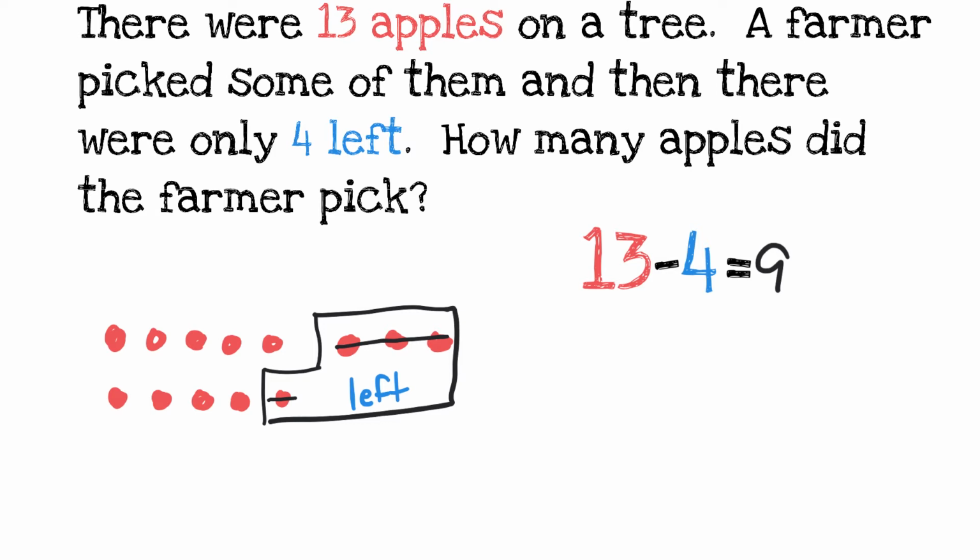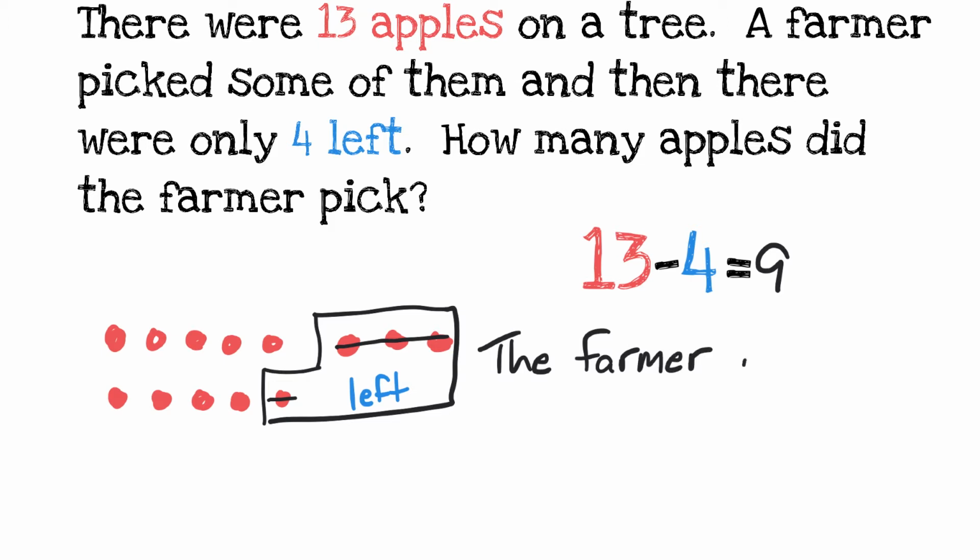Now, remember we're doing our RDW, read, draw, write. Well, we read the problem, we drew it out, and now we have to write it out. So let's write out this answer here. And I want everyone to practice doing this on your own paper or whiteboard. So the farmer picked, T-H-E, the farmer, F-A-R-M-E-R.